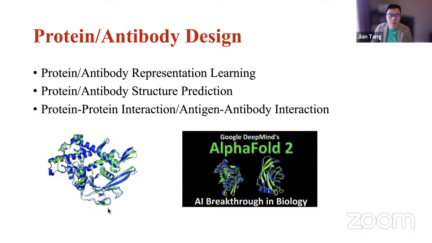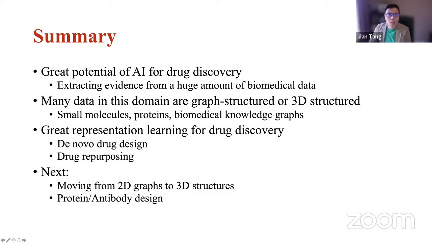And now we also have very accurate protein structure prediction, like AlphaFold 2. So this really provides a lot of opportunity out there. Okay, so with that, I will stop here and take some questions. Thanks very much.